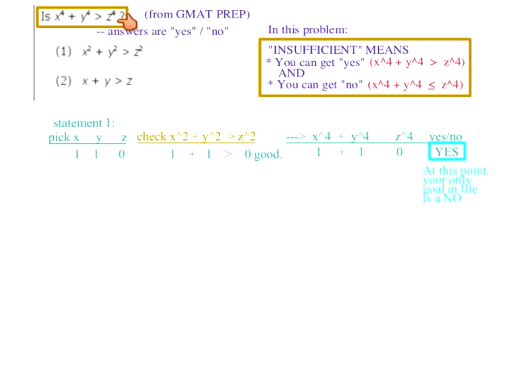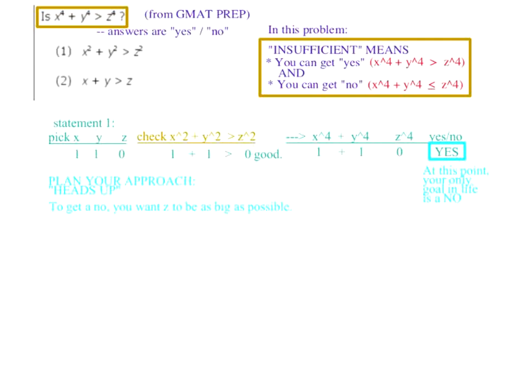To get a no, you basically want z to the 4th to be as big as you can get it. So make sure you don't plug in at random. Make sure you plan your approach, like play a heads-up game here. To get a no, you want z to be as big as it can be relative to x and y. As big as possible.